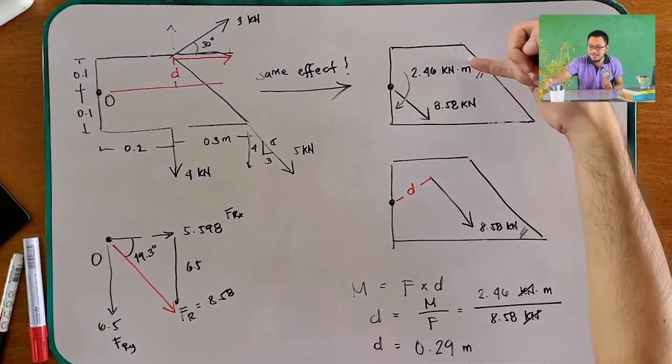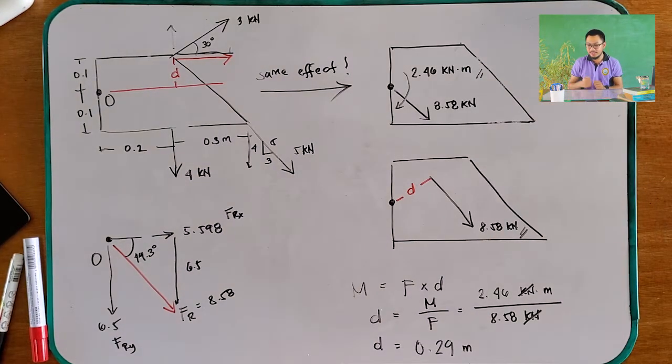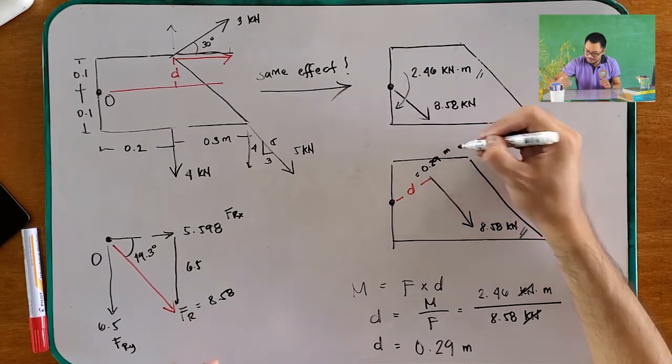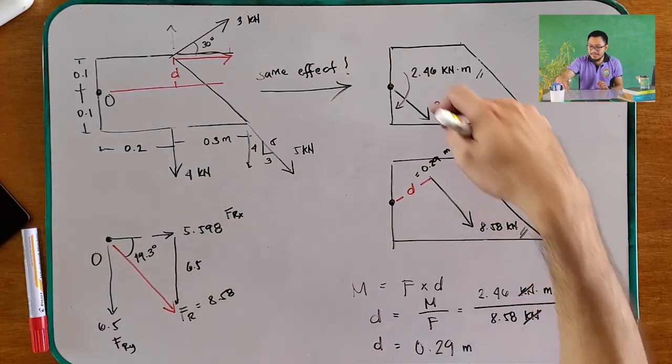And then we have the value of your moment and you have the value of your force, then you can determine the distance. So therefore, this one is 0.29 meters. So, kani, ug kani, they create the same effect. And this is the most simplified nga system sa aning atong complicated nga system before. Okay? So, ingana lang.